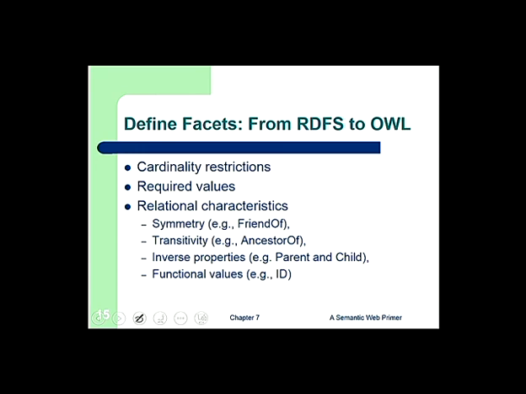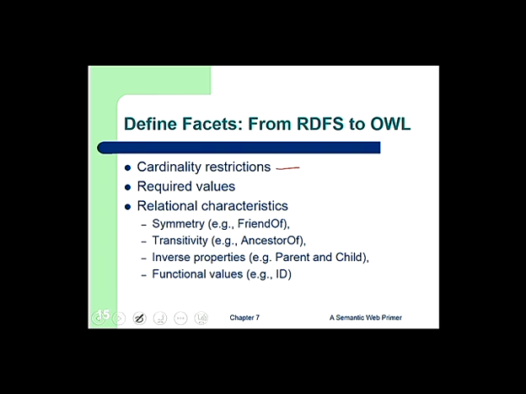The next is the facets, or we call them constraints or restrictions. Whenever we want to describe any domain of interest in a logical way, there are many constraints or restrictions on the properties. They are of many types, like cardinality restrictions.